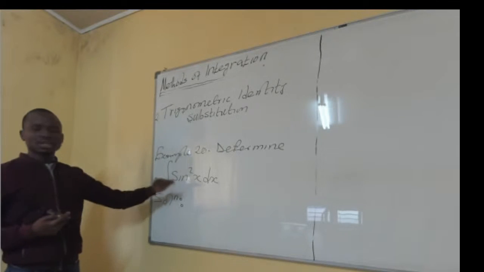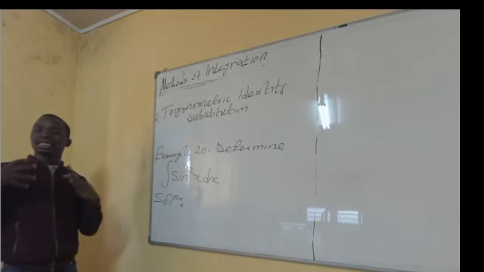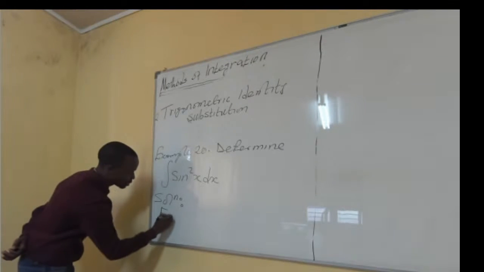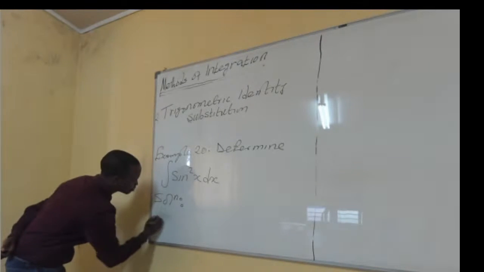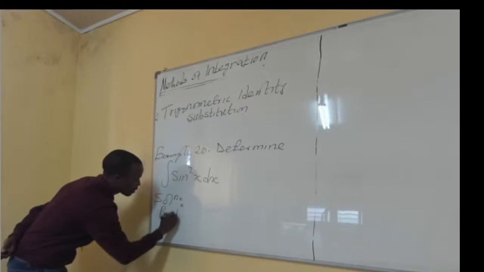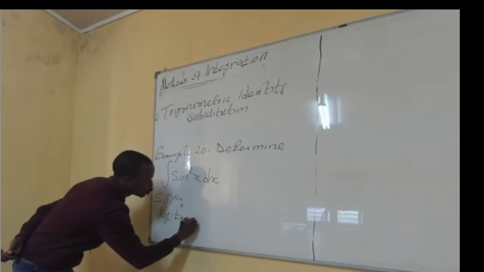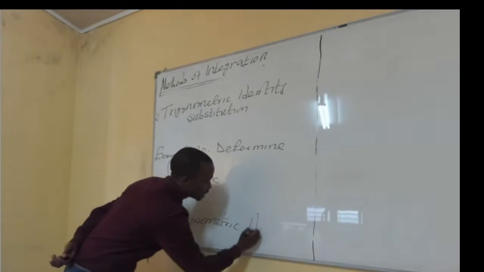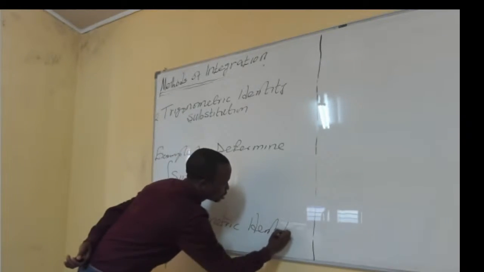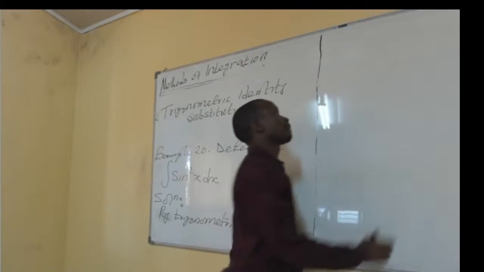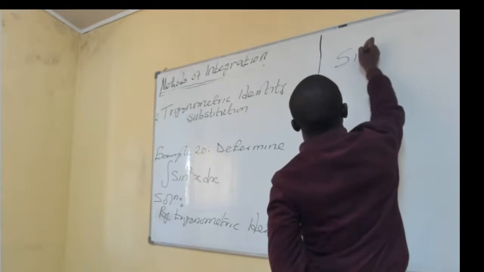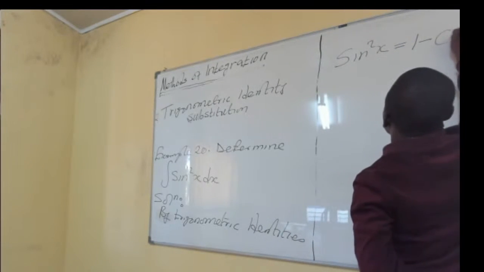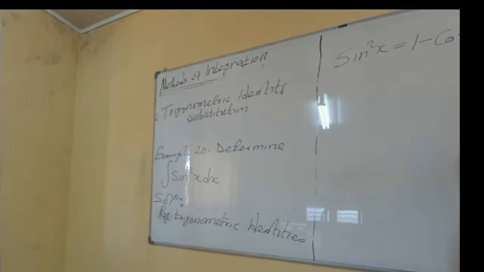Henceforth, if you want to solve this question, you need to bring in trigonometric identities. By trigonometric identities, sine squared of x is the same as 1 minus cosine squared of x.